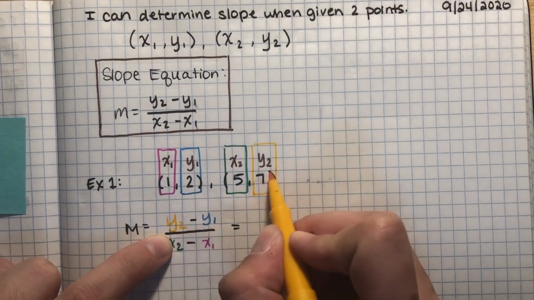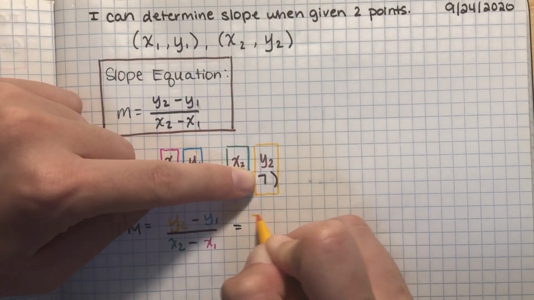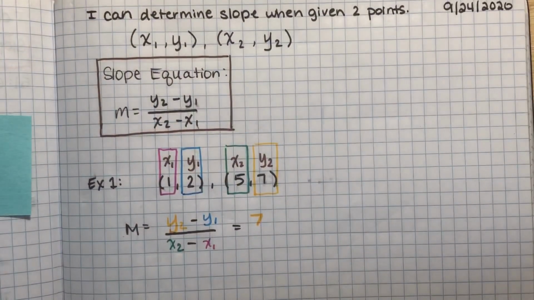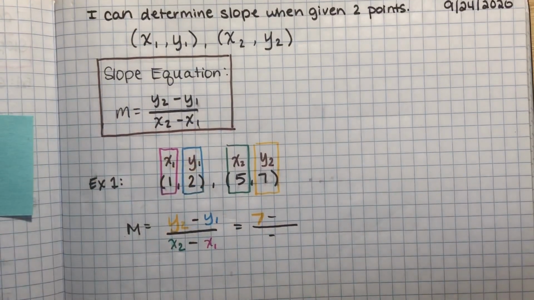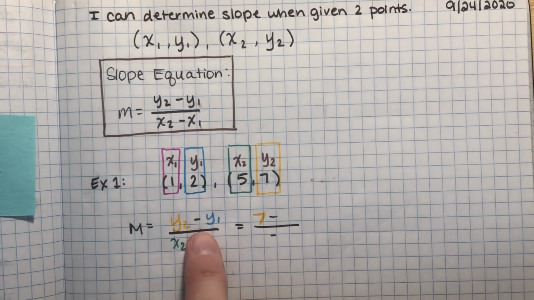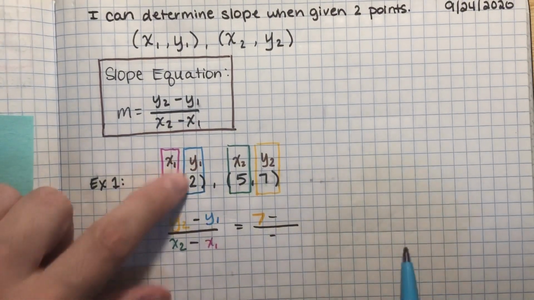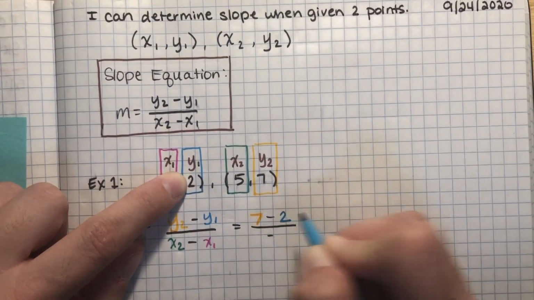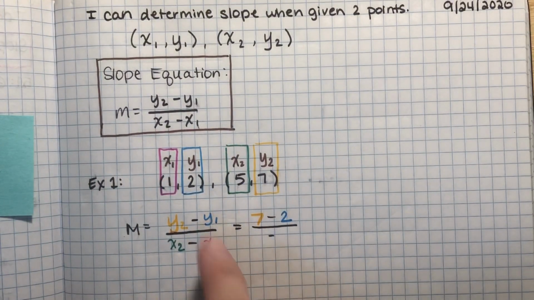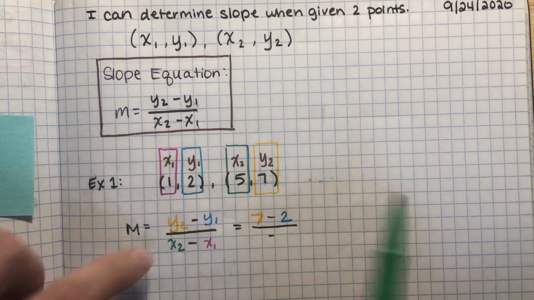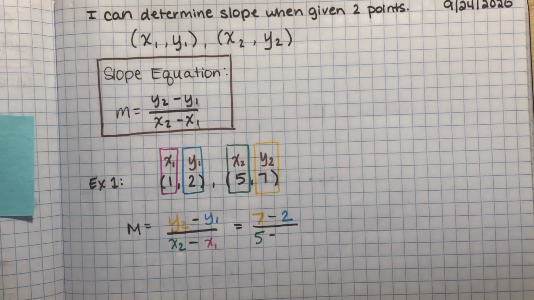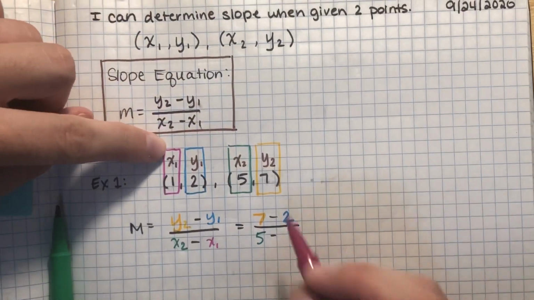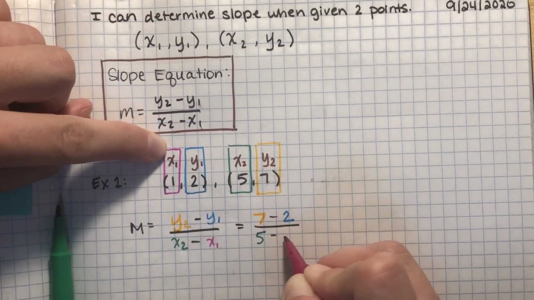We can substitute in the actual numerical values rather than just the symbols here. So y sub 2 is equal to 7. Our y sub 1 is equal to 2. Our x sub 2 is equal to 5, and our x sub 1 is equal to 1.